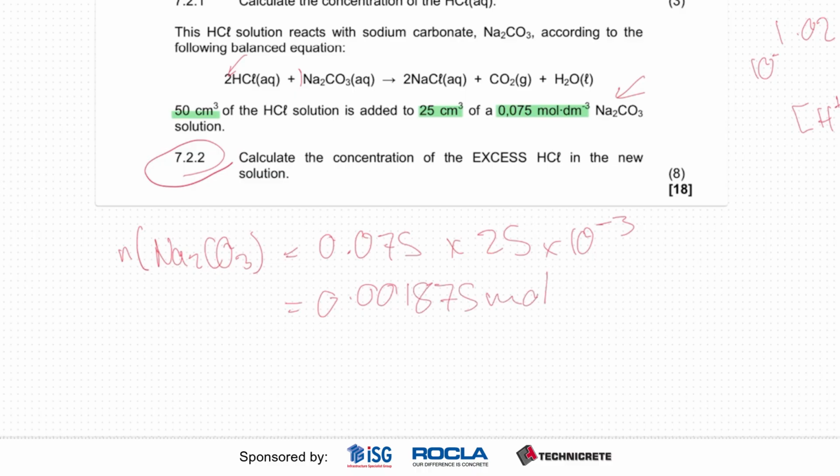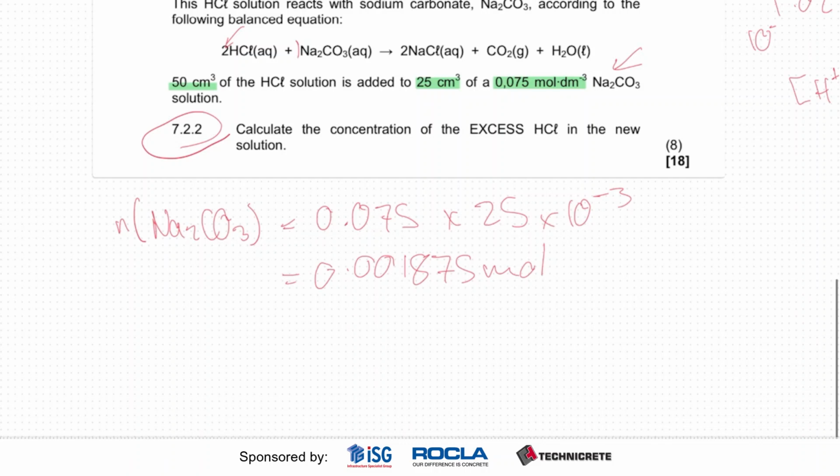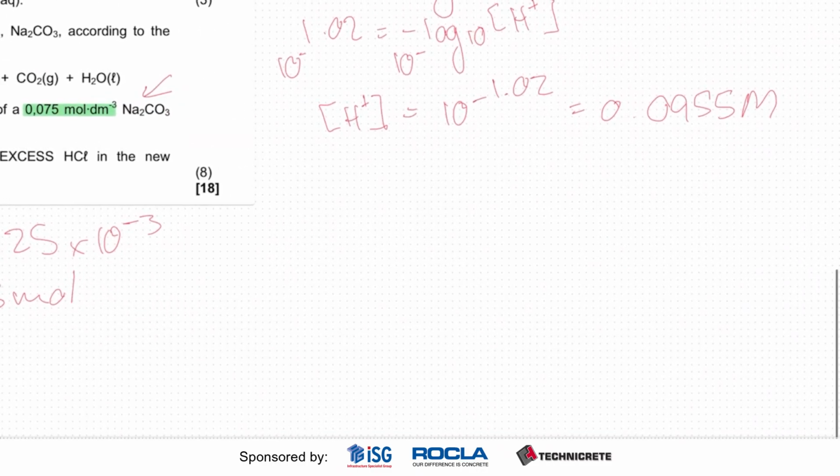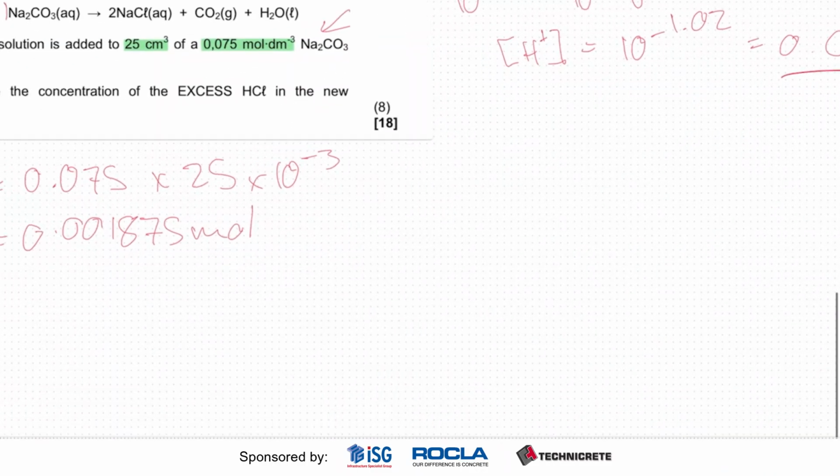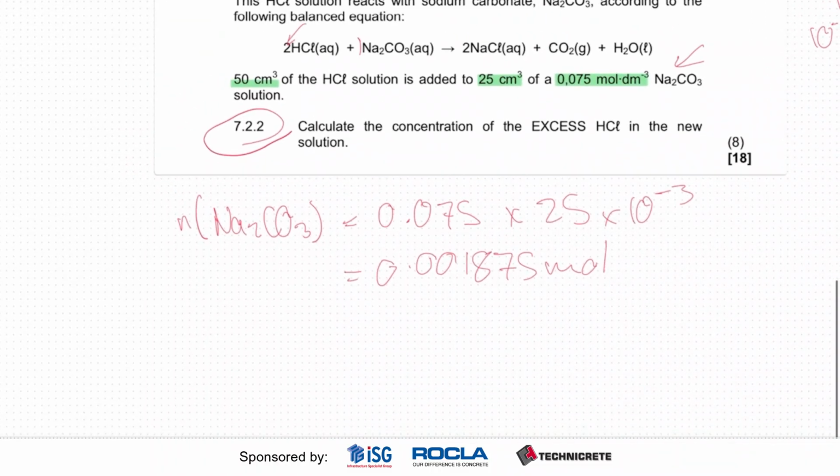Okay. And then the HCl is in excess. So we basically need to say, what is the most HCl that can be used? We now have the concentration, so we can calculate the moles of HCl, initial moles anyway.